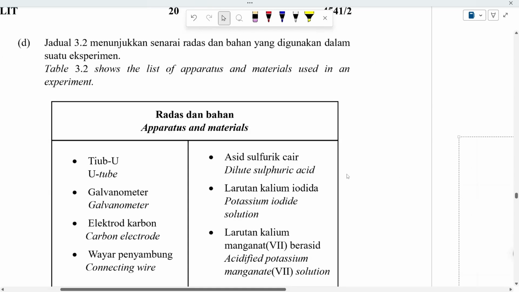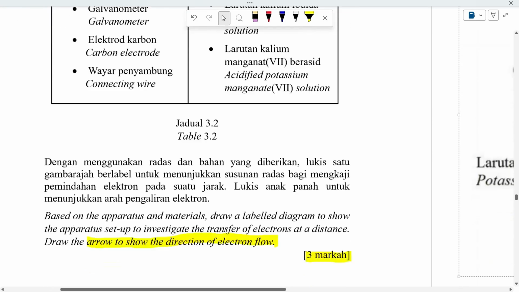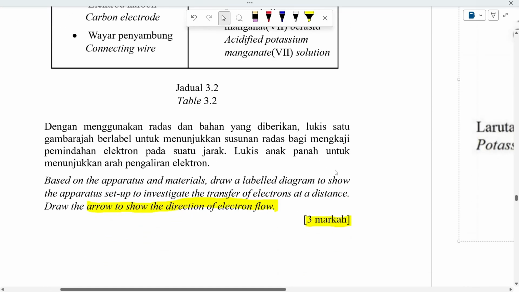Now we look into D. You are given all these apparatus and materials. Based on the apparatus and materials, draw a labeled diagram to show the apparatus to investigate the transfer of electrons at a distance. So this one we have to use the U-tube. After you draw the diagram, you have to show the direction of the electrons flow.